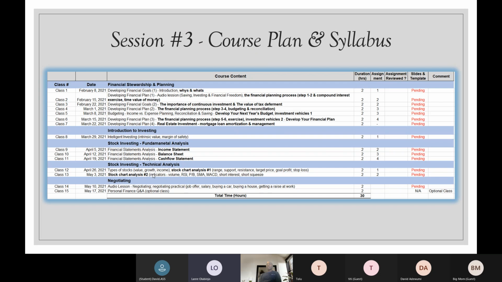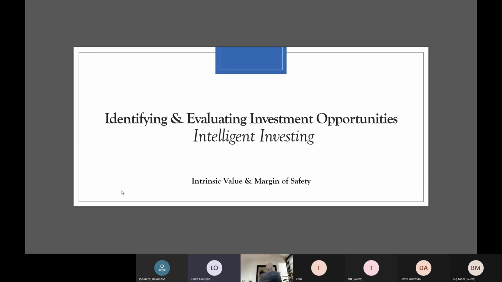That will likely take us 2 classes to cover it effectively. And then we'll round up with an introduction to negotiating skills. The last class is an optional class. It's just to give us an opportunity for Q&A if we want to do so. Okay? So we'll go ahead and start with intelligent investing, which is the focus of tonight's class.